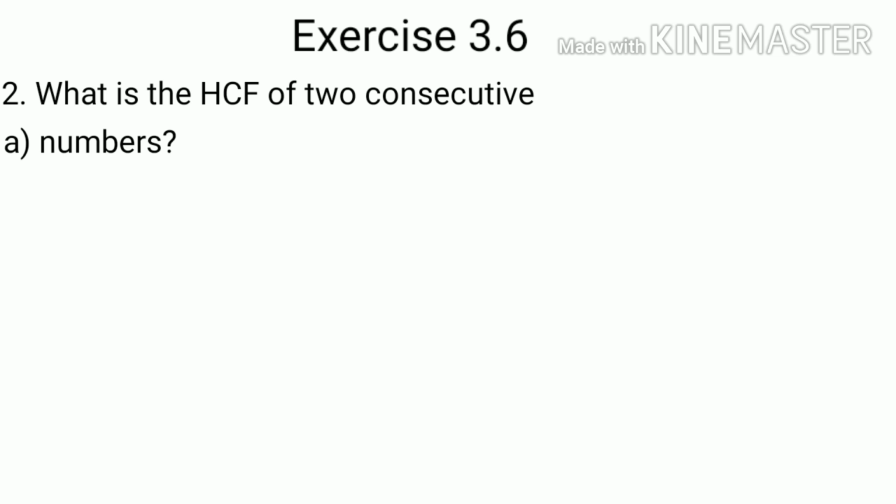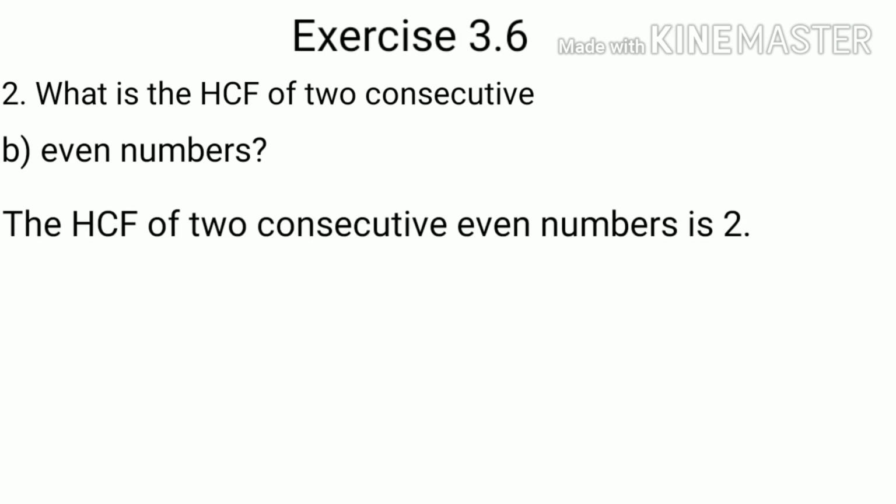Now let's solve part B of question number 2. Part B is even numbers. So the question is, what is the HCF of two consecutive even numbers? Consecutive even numbers means two continuous even numbers. For example, 2 and 4, 6 and 8.